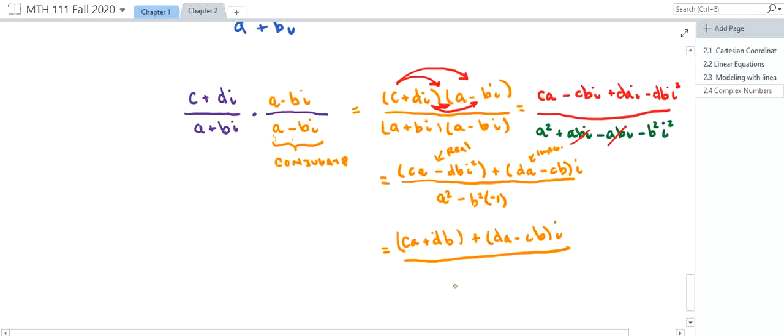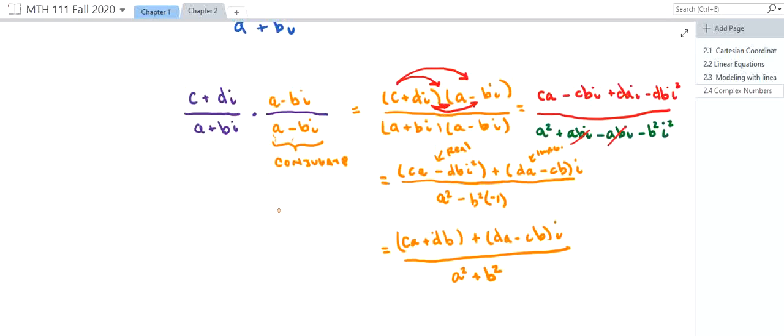And then on the bottom, we just have a squared plus b squared, as minus 1 times minus 1 is positive 1. And this is a real number on the bottom now. So now this all makes sense. And we could take this 1 over a squared plus b squared, and we can distribute it through this and through that if we wanted to.